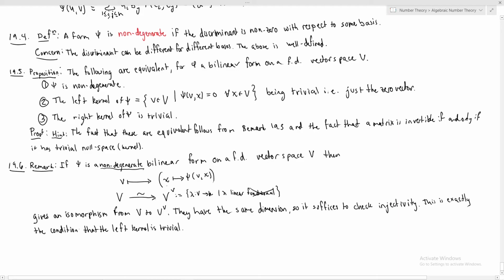So what's the importance of this fact? Why is this useful?